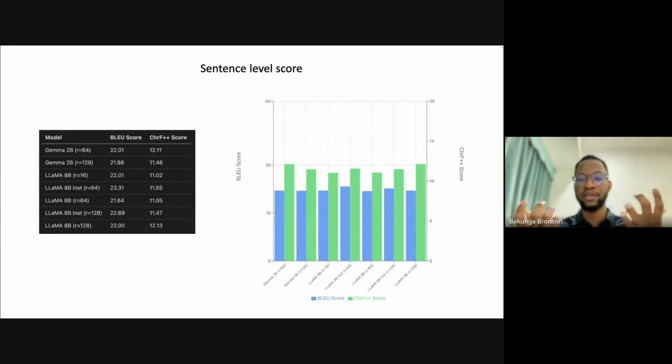So you could read one sentence and it sounds better than the other one. And so for that, we brought in the LLM as a judge aspect to make sure that these metrics that have been given to us are more concrete. And so we can see that all of them are pretty much hovering within the same range, even though they're two completely different sizes. One is a 2B and one is an 8B model. Can move to the next slide.